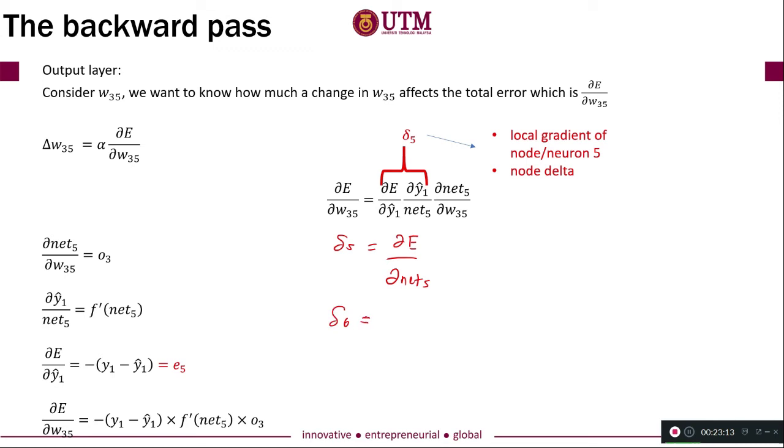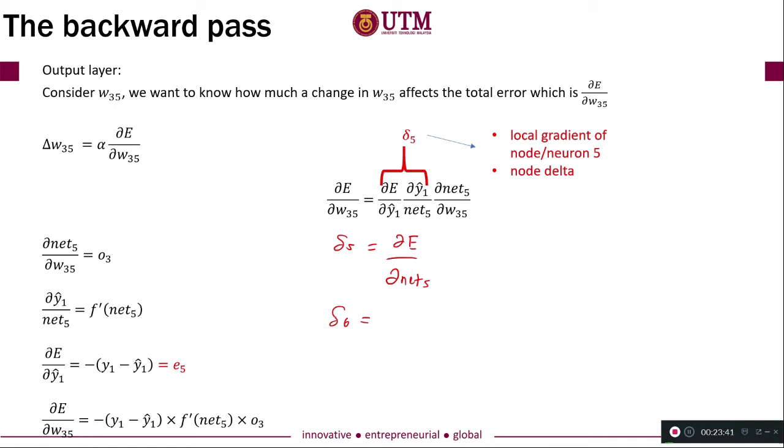I want to generalize some things there. That's why I introduced you to two notations there. One is E, another one is delta. So delta 5 is defined as del E over del net 5.